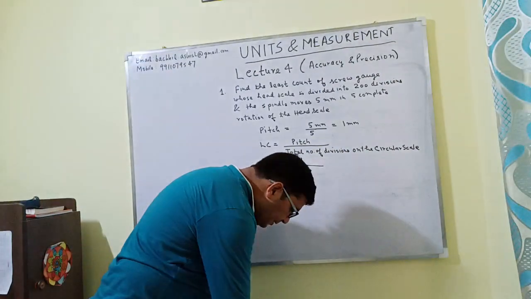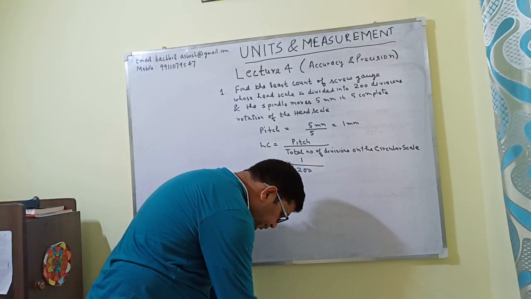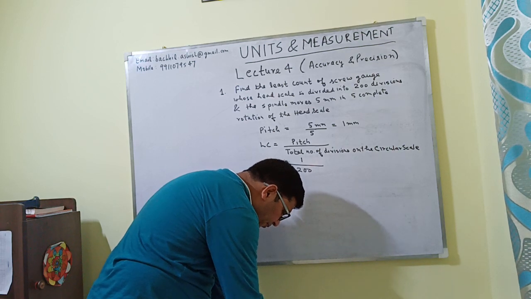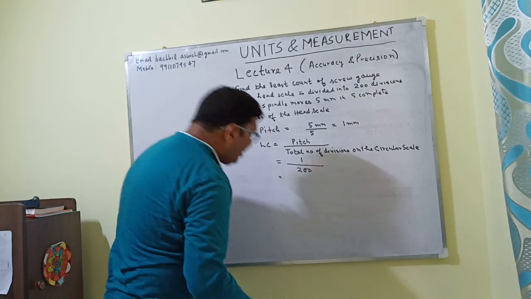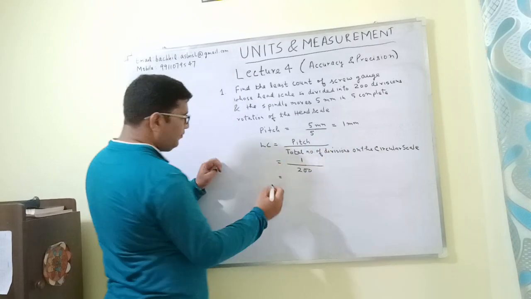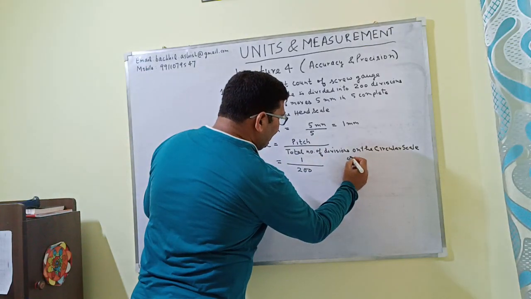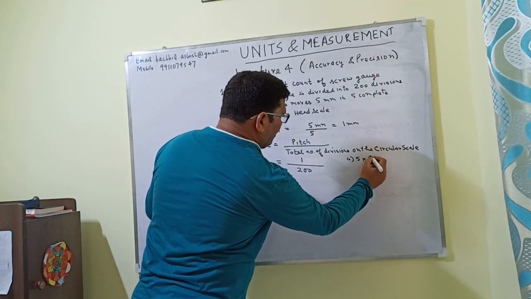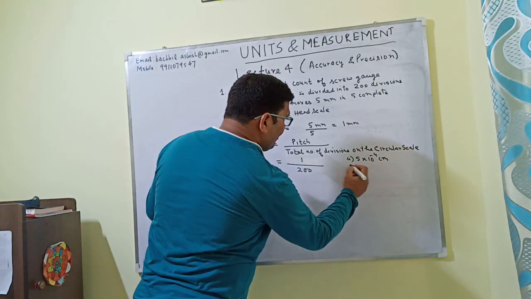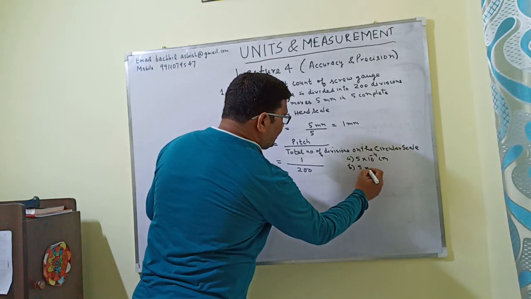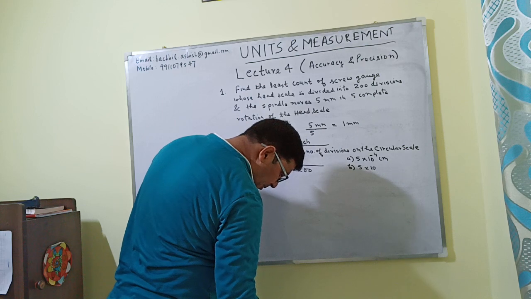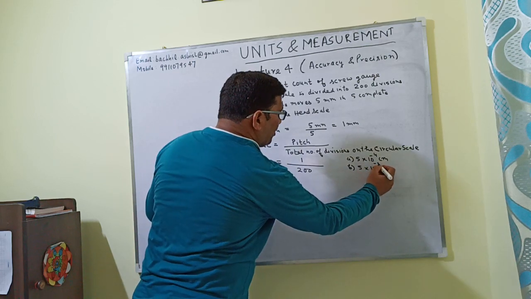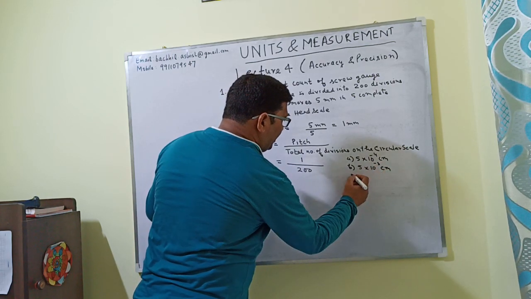Now here in this question they have given 4 alternatives. The first alternative is 5 into 10 raised to the power minus 4 centimeter. B is 5 into 10 raised to the power minus 3 centimeter.